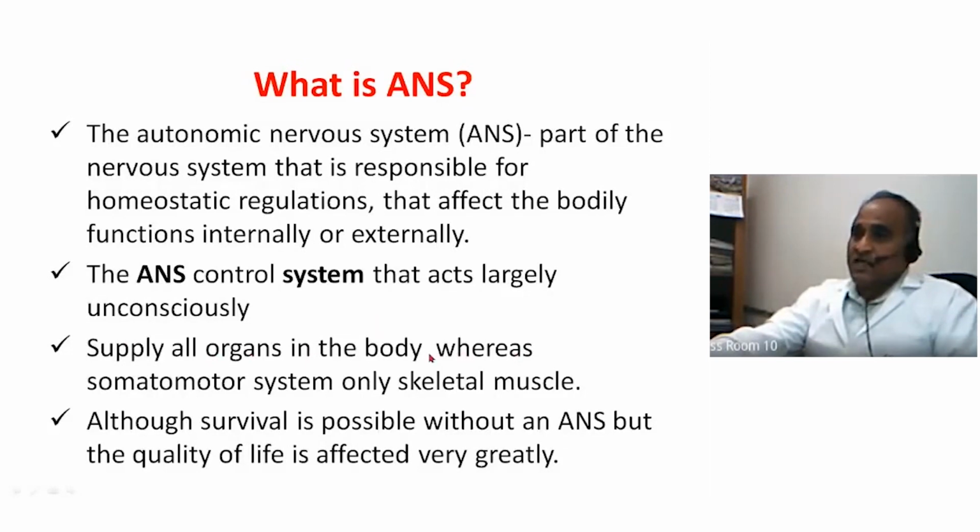Especially the efferent component is projected to every organ and every cellular system in the body, whereas the somatomotor system is only to the skeletal muscle. So the efferents reaching the body muscles are only to the skeletal muscles.